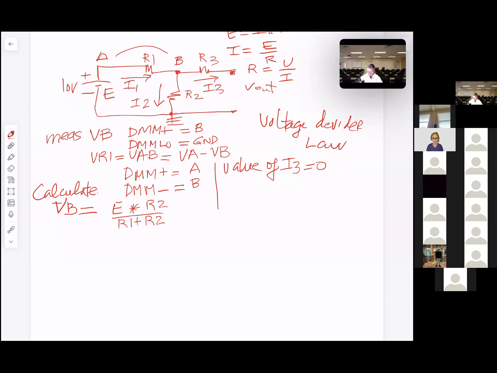Okay, if I want to calculate the current I1, we're just talking about the formula. We don't want to do calculation. I1 means the current going through R1.